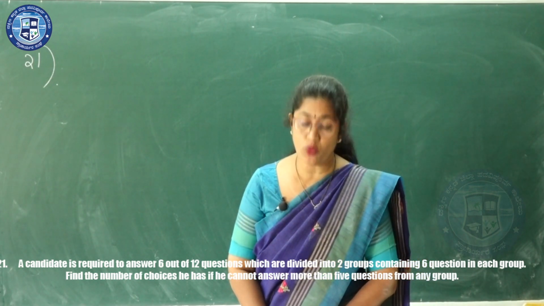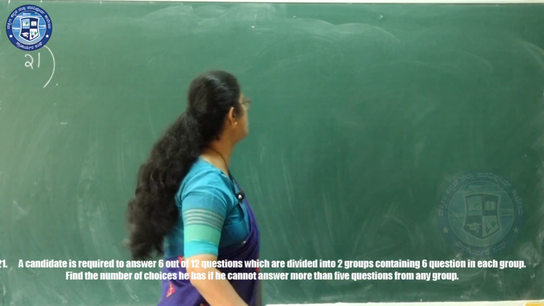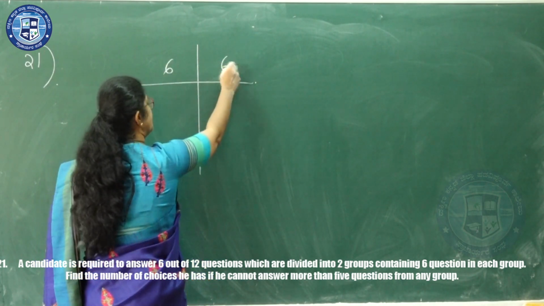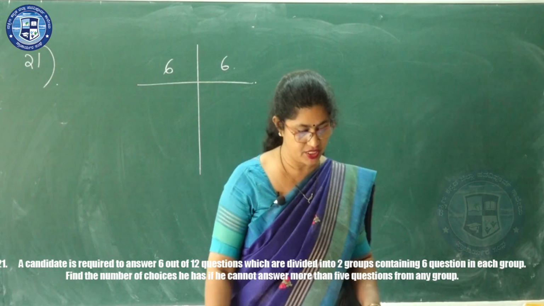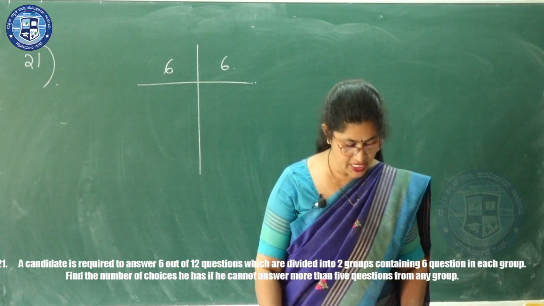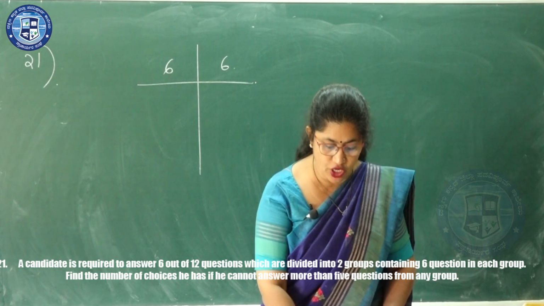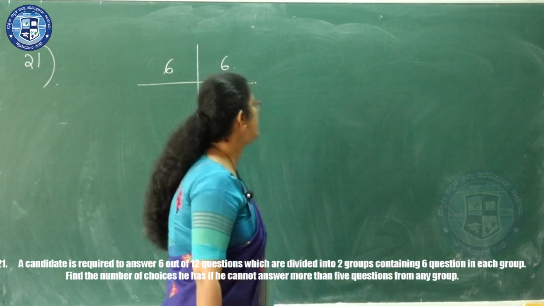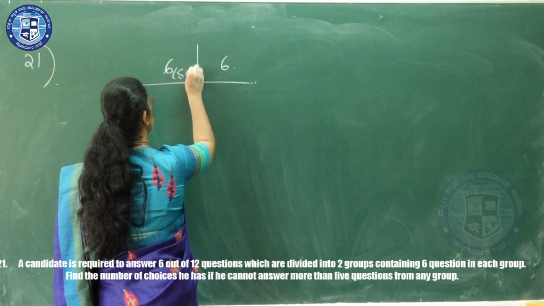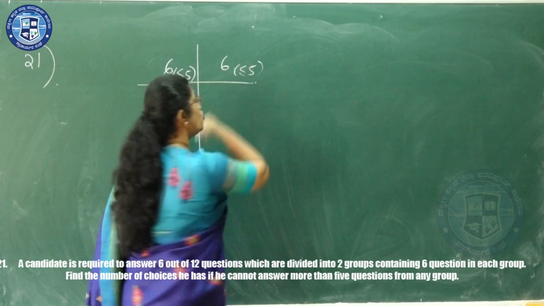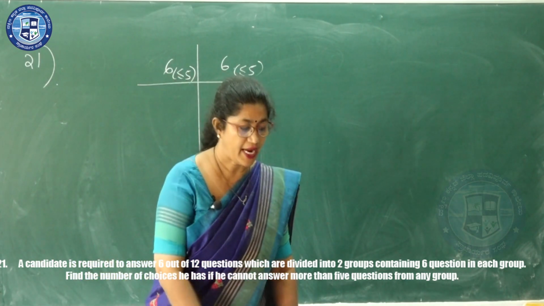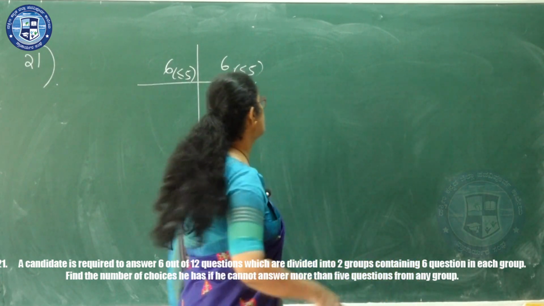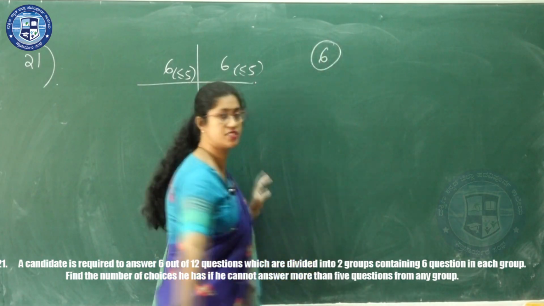A candidate is required to answer 6 out of 12 questions, which is divided into 2 groups, each containing 6 and 6 questions. Find the number of choices he has if he cannot write more than 5 from any. So that means total number of cases, here also less than or equal to 5, here also less than or equal to 5. And totally he has to answer how many questions? He has to answer a total of 6 questions.